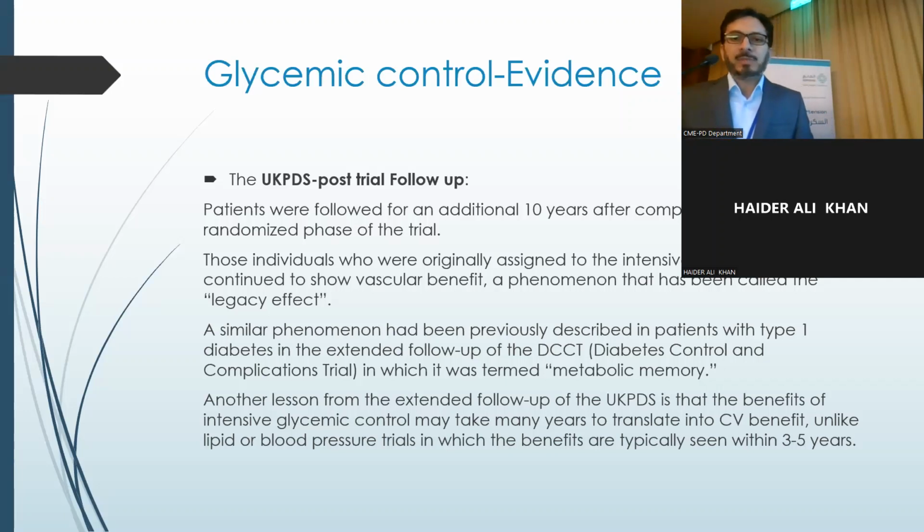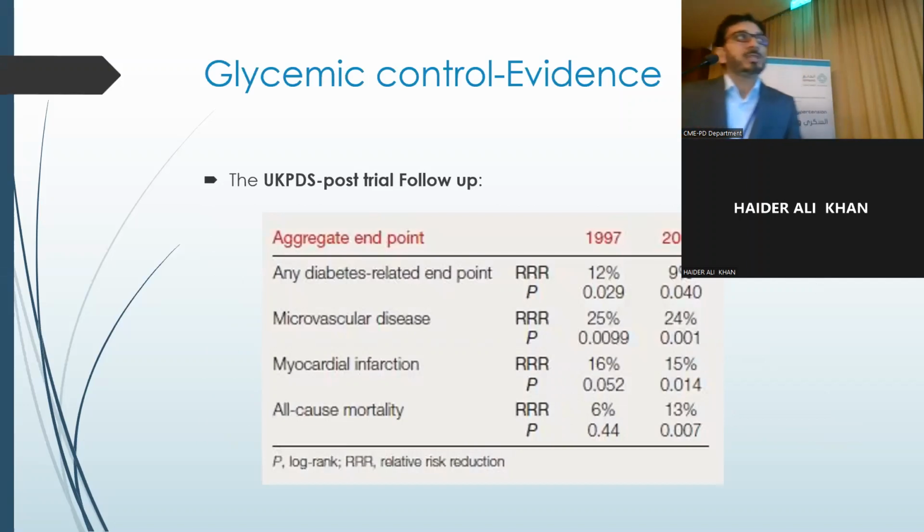So another lesson from the UKPDS follow-up trial was that the benefit of intensive glucose control may take many years to translate into cardiovascular benefit, unlike the lipid or blood pressure trials in which the benefits are typically seen within a few years.